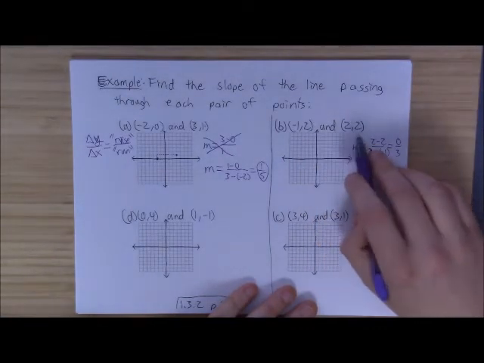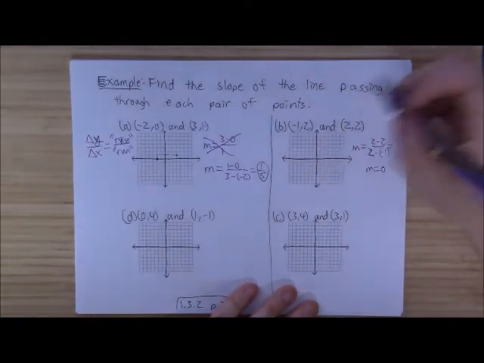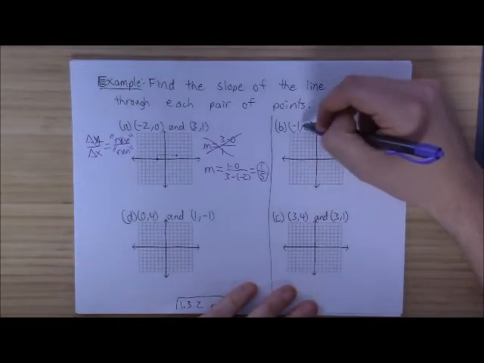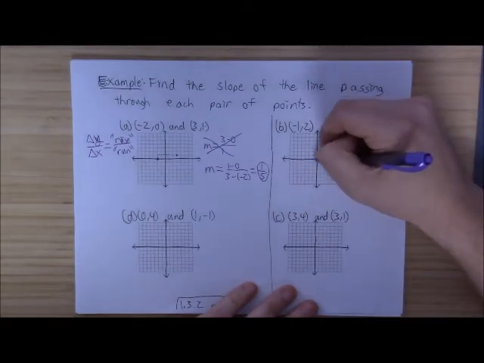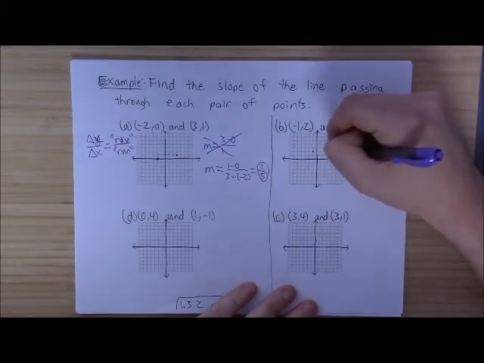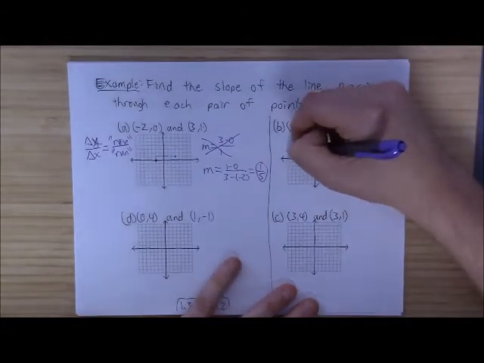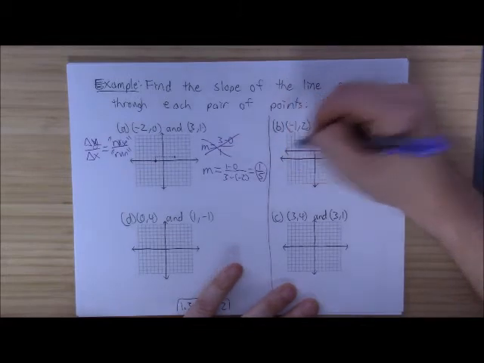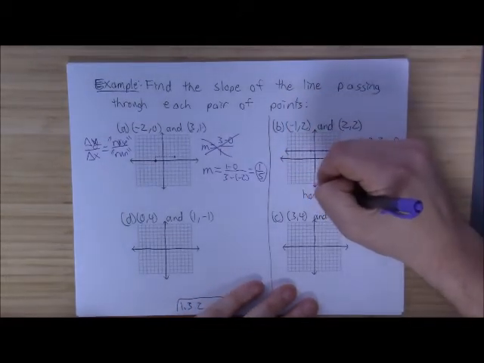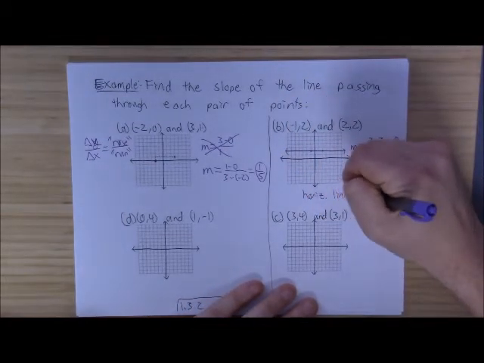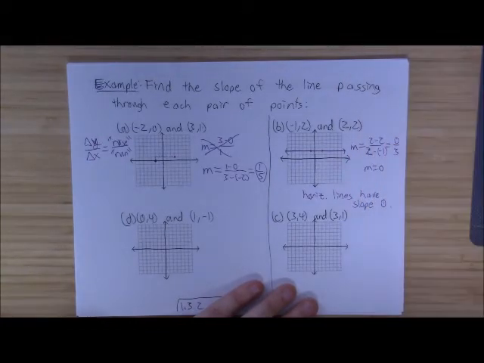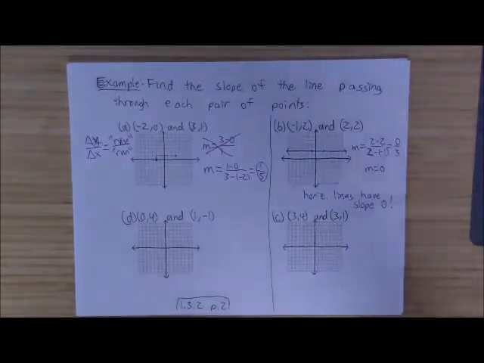It does, because they have the same y-coordinate. If you draw a line through those points, it's just a horizontal line, and we know horizontal lines have slope 0.